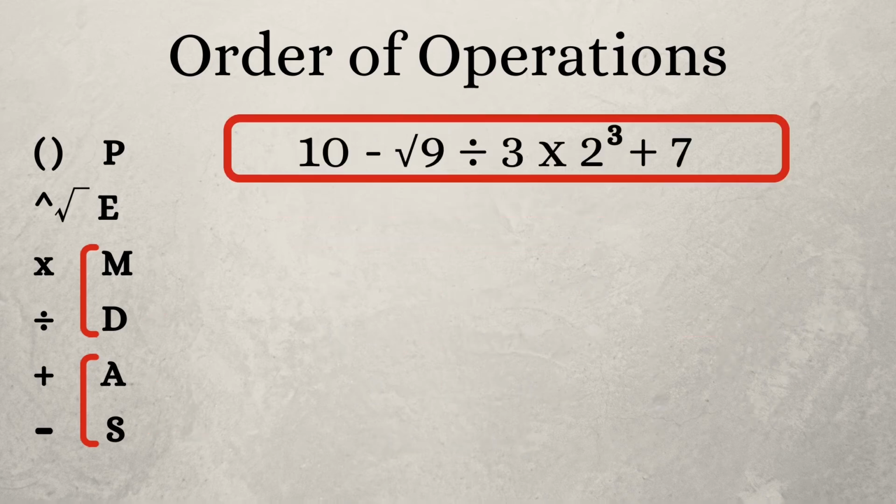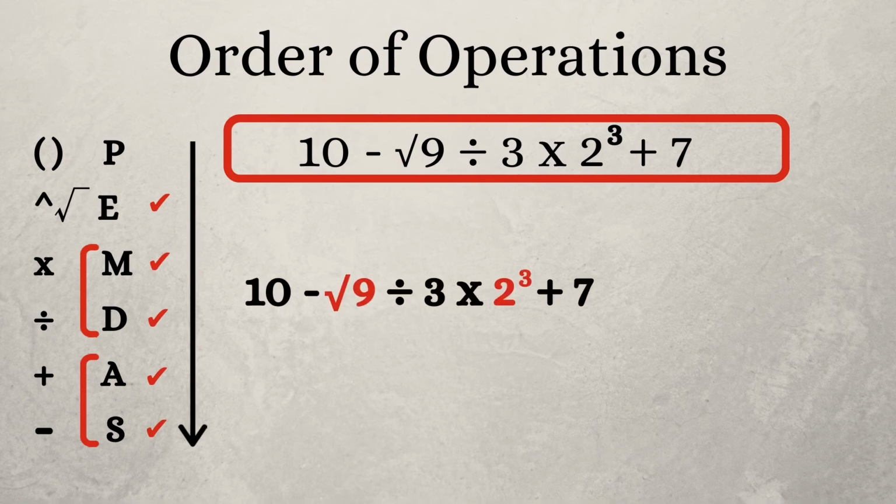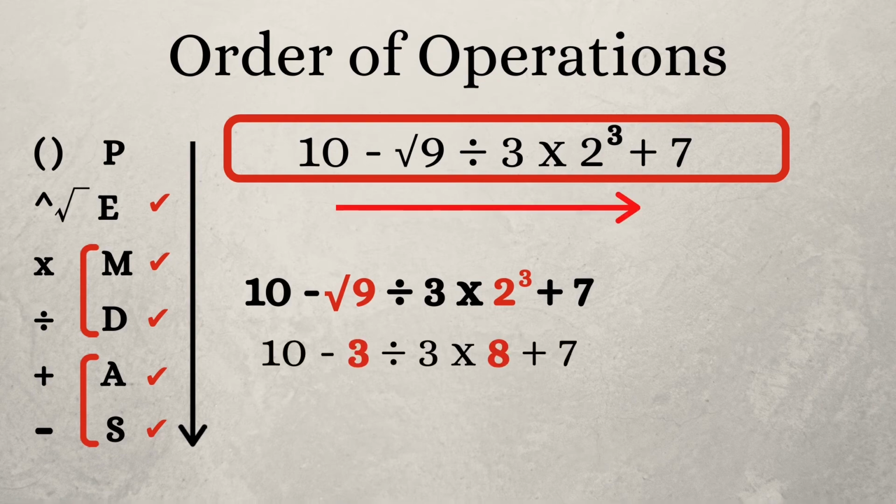Now let's move on to the next level and include exponents as well in our expression. So we highlight these exponents first and compute them. So square root of 9 is 3 and 2 to the power of 3 is 8. The next priority comes to division and multiplication.